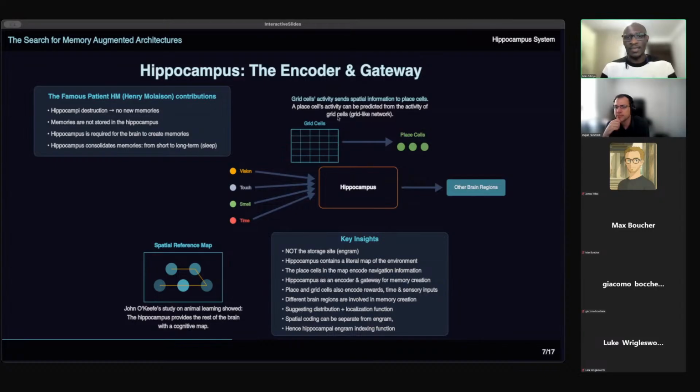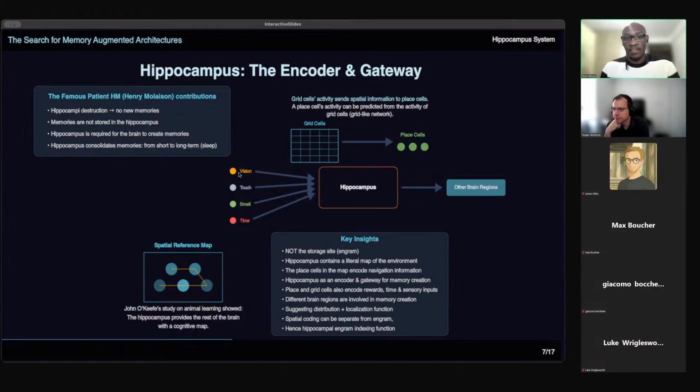So the grid cells are essentially what send spatial information. You can think of each grid as encoding different information for what the input was.